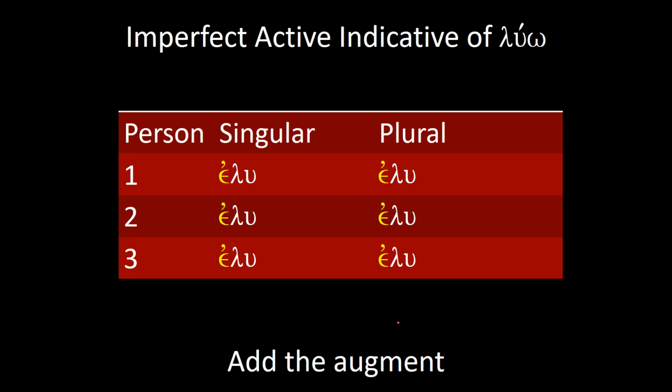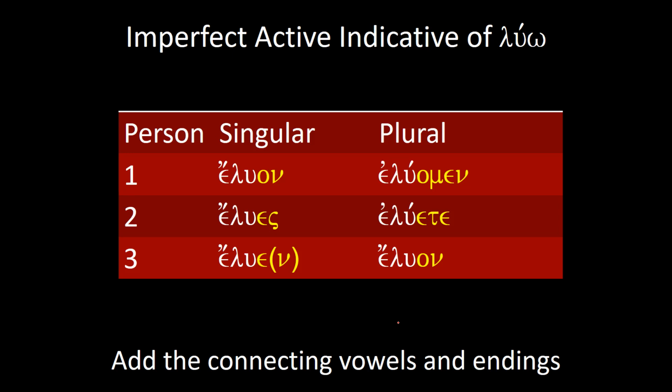So augment at the beginning, then the verb stem, then we're going to do connecting vowels, number 2 endings. Nu, sigma, movable nu, men, te, nu, or son. Here it happens to be nu. Eluon, elues, elue with movable nu. Eluomen, eluete, eluon.